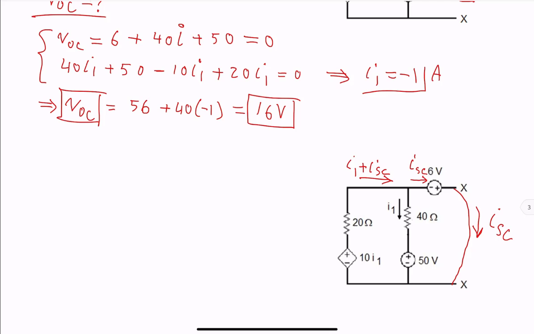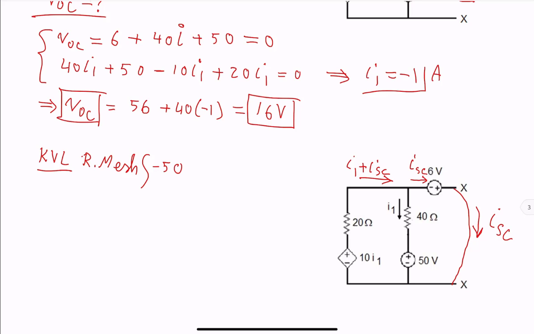So let's write Kirchhoff's voltage law in the right mesh, starting at the lower left corner. So KVL applied to right mesh or right loop, whatever you want to call it. We have negative 50. Voltage across the 40 ohm resistor, we are going up, however, we are going against the direction of I1.